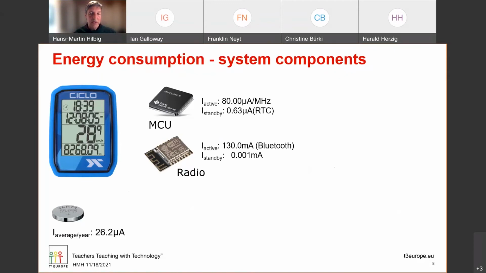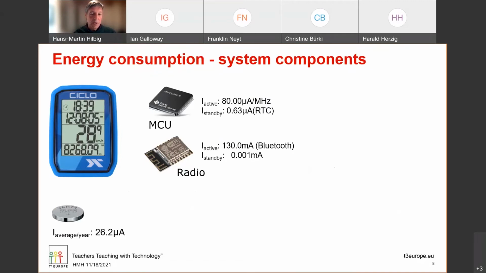Then I looked at the data sheet of the Texas Instruments MSP432, which is the same microcontroller the TI hub is using, and I found two interesting current values. One is the so-called active current, which is 80 microamps per megahertz, and the other is the standby current, which is 0.63 microamps, not per megahertz but steadily, when the RTC, the real-time clock, is still on.